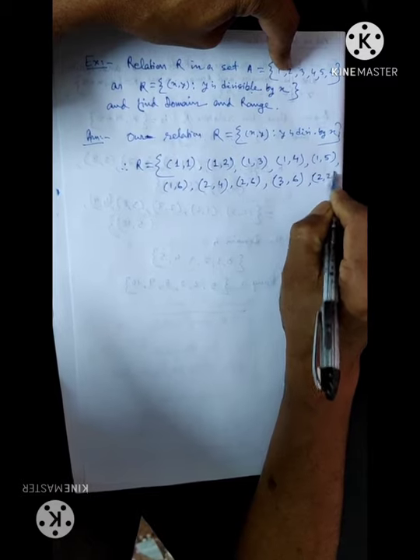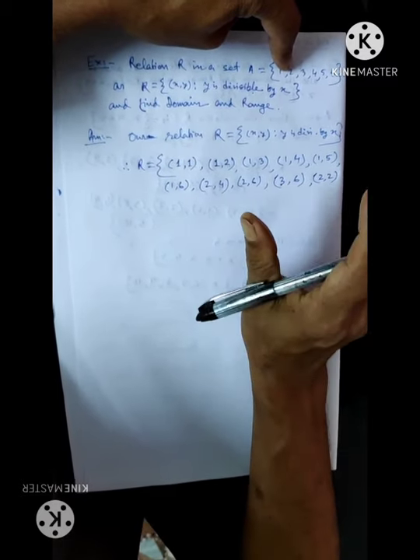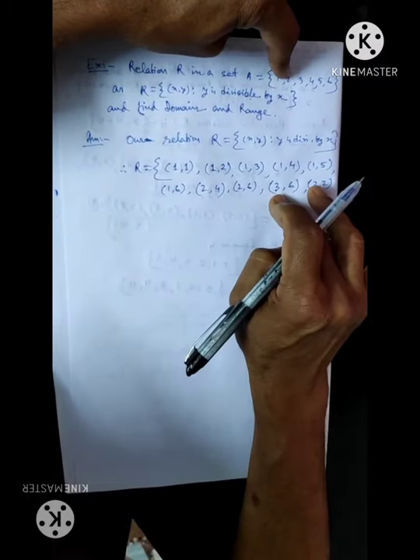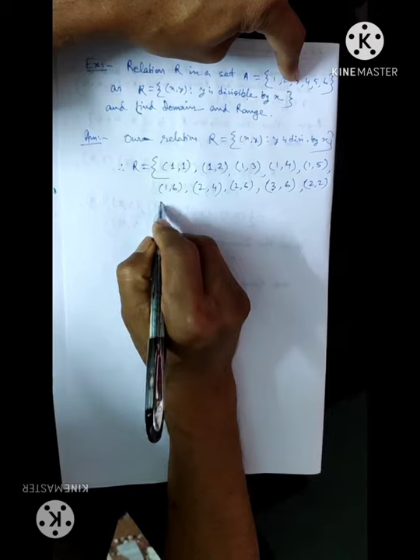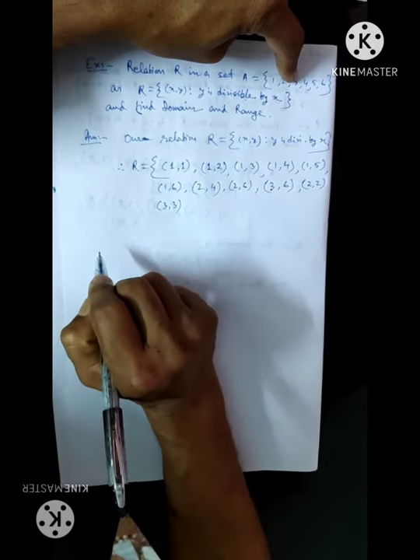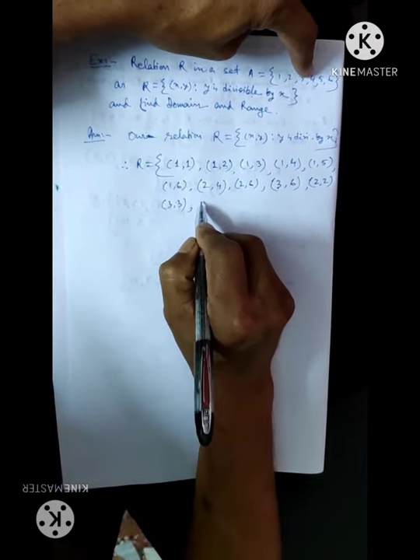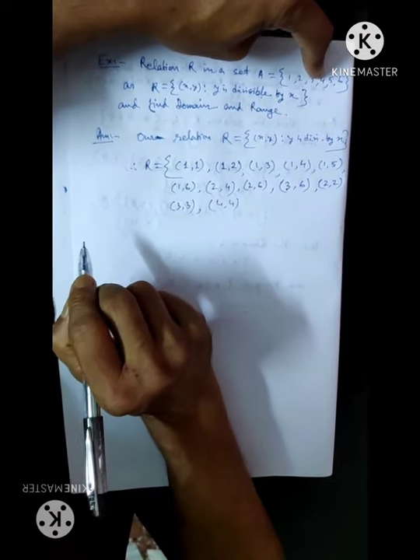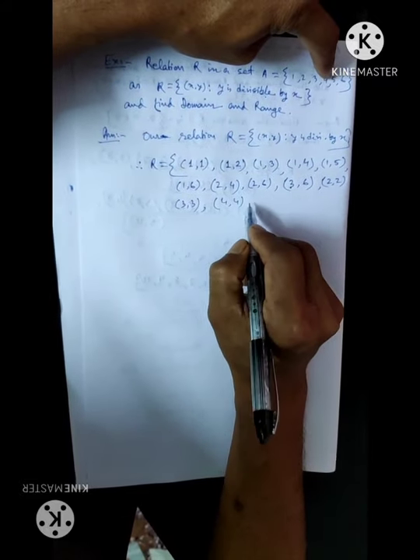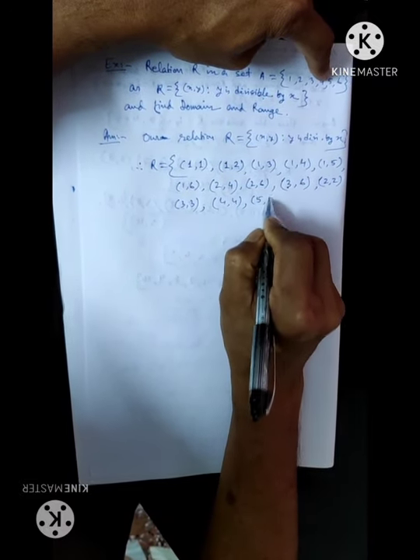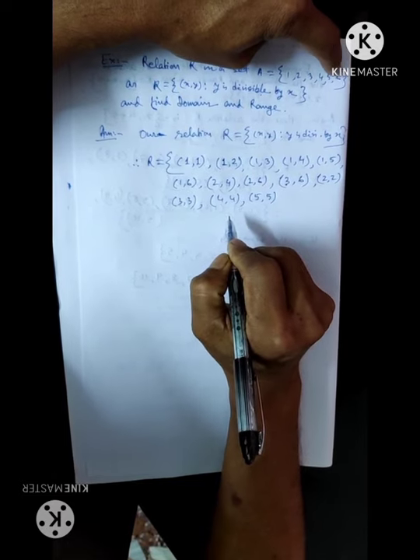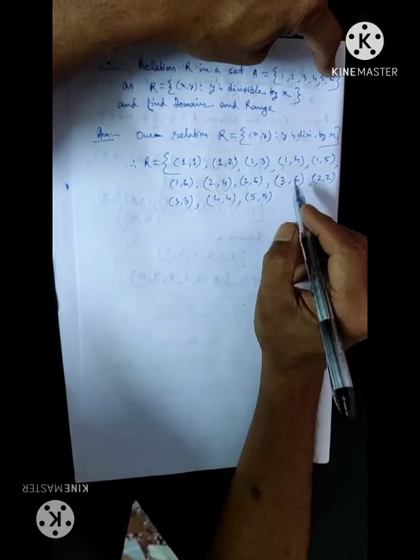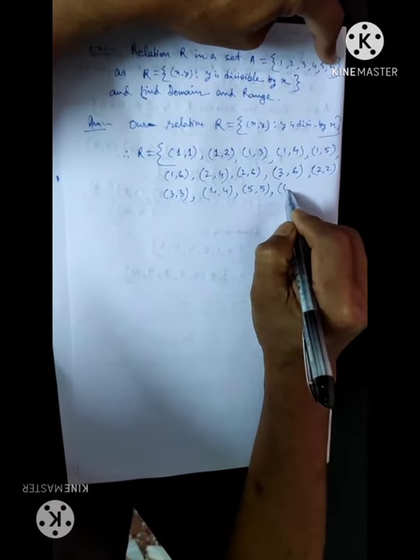Each element is divisible by itself. So 3 is divisible by 3, we can write 3, 3. 4 is divisible by 4. 5 is divisible by 5. 6 is divisible by 6.